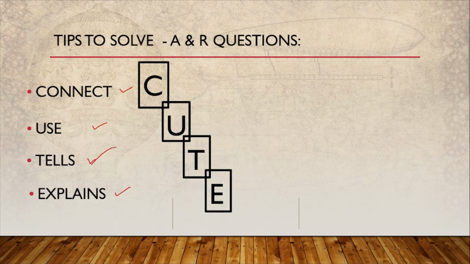Tell means simply it will be telling about the concept. E, explain, means it is an elaboration of the assertion. Like that, you can use this clue to solve this assertion and reasoning. Particularly, this tip is used when both the statements are true.